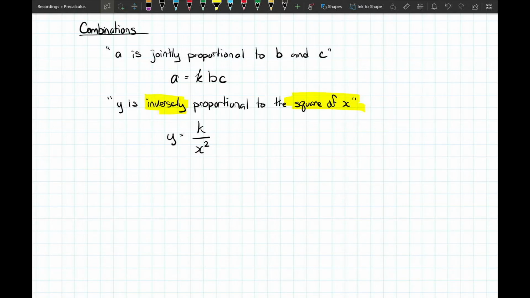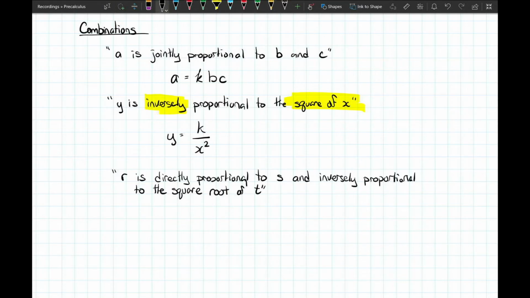Now, what if we have something that is both directly proportional and inversely proportional to various quantities? We could put them all together. Here we can say that r is directly proportional to s and inversely proportional to the square root of t. So since r is proportional to the other quantities, r can be put to the one side of the equation.